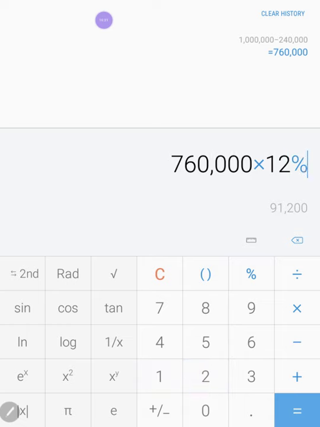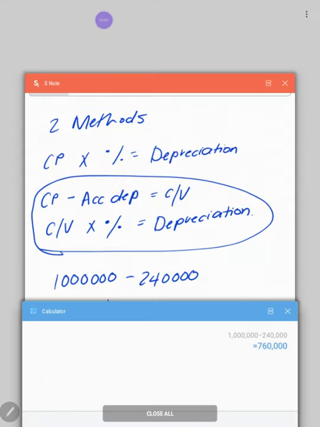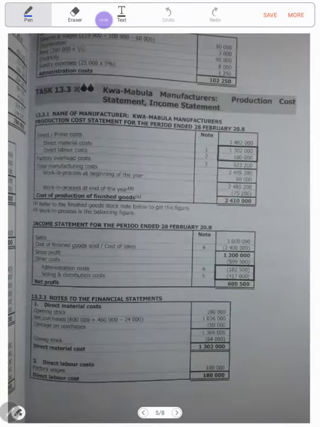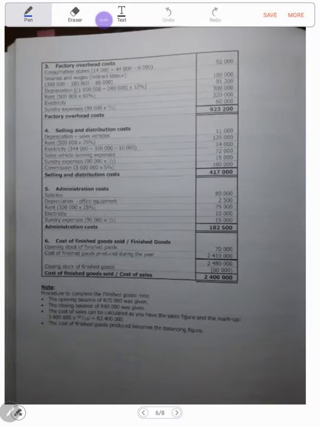The depreciation on our factory equipment will equal 91,200. So let's go and see if we are correct. Depreciation: there's the cost price, subtract the accumulated depreciation, multiply by the rate, and indeed we are correct, 91,200 rand.